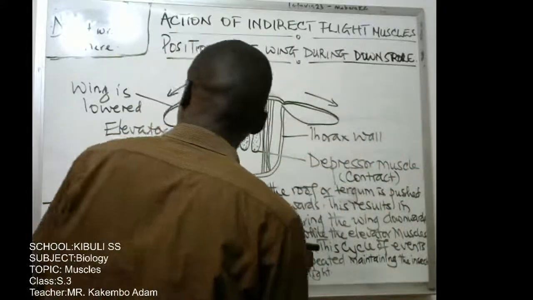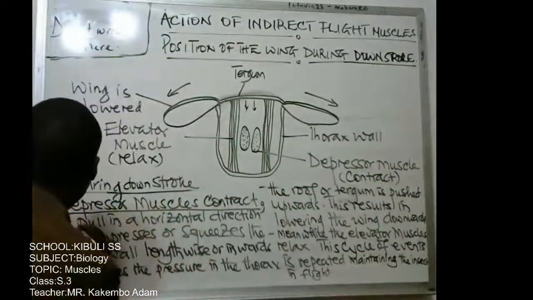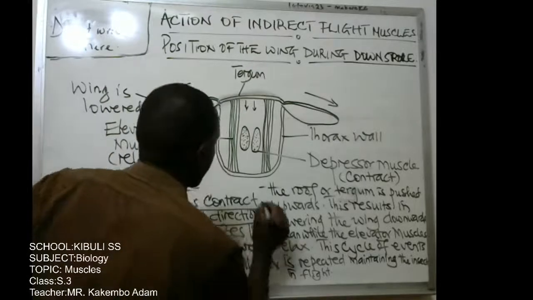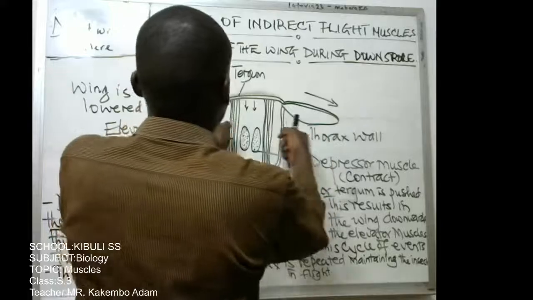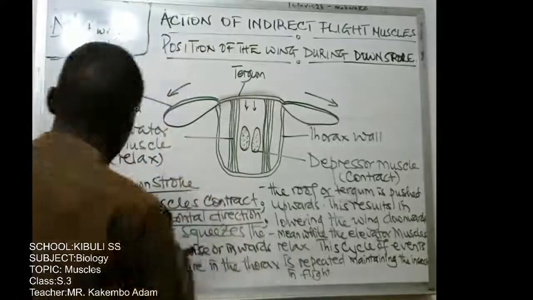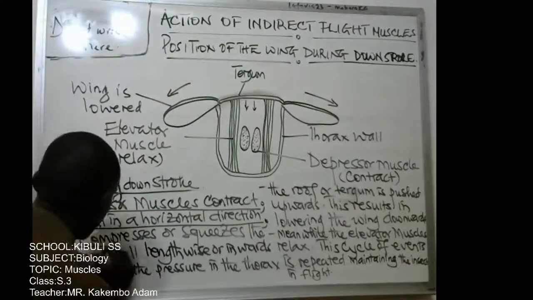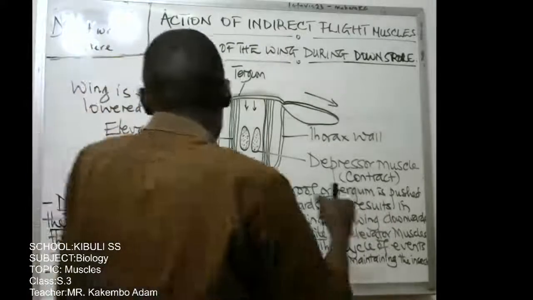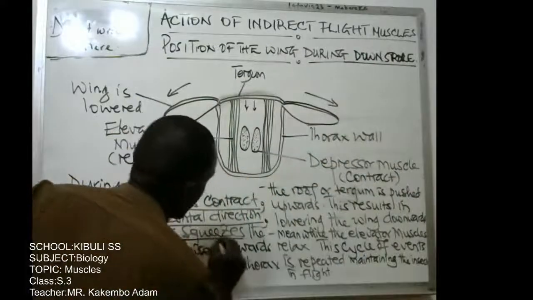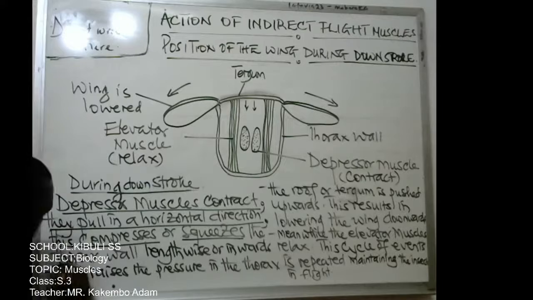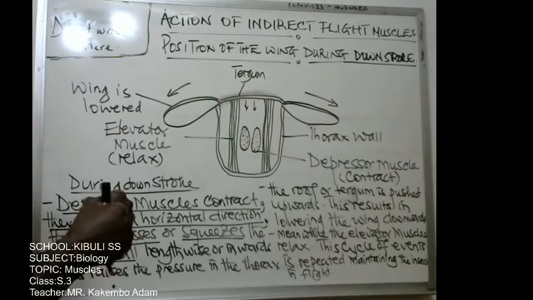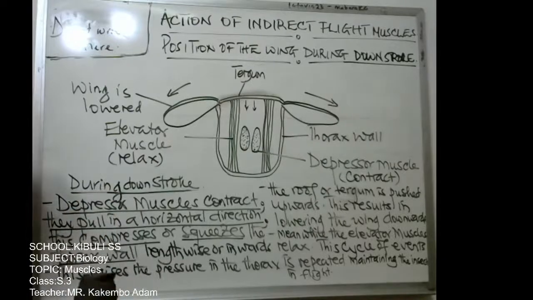They pull in a horizontal direction, which squeezes the wall of the thorax lengthwise or inwards.